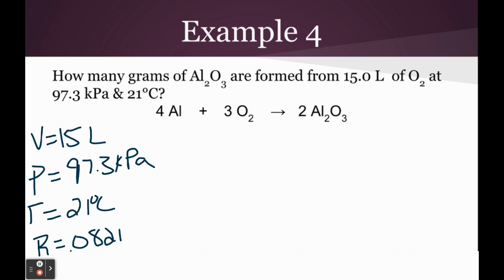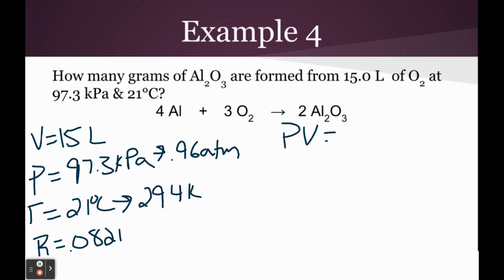So again, make sure all of your variables are in the correct units. kPa needs to be converted to atm. So that gives us 0.96 atm. And add 273 to Celsius to get 294 Kelvin. So then plug all of that into the ideal gas law.